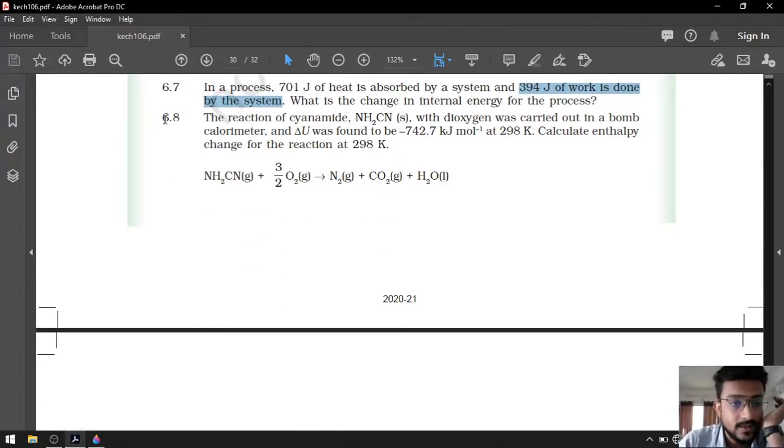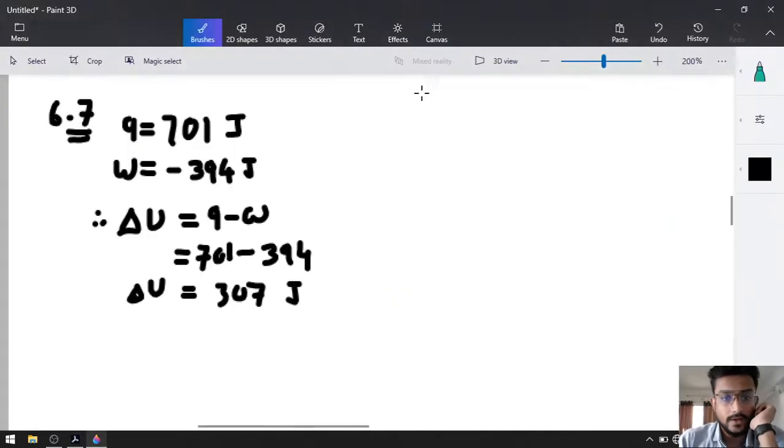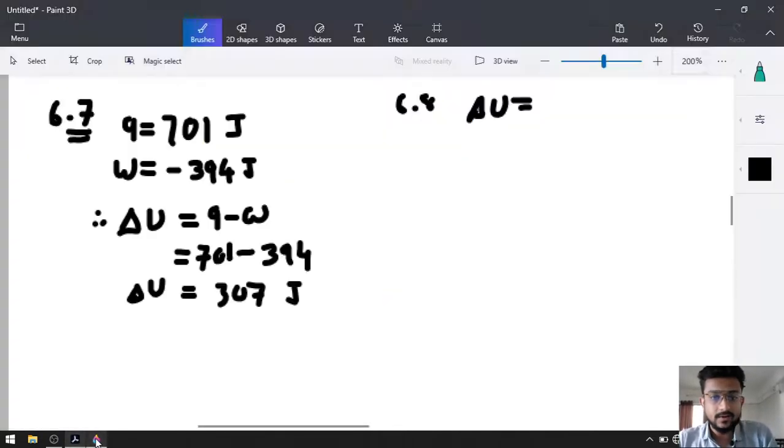After that, question number 6.8. A reaction of cyanamide NH2CN with dioxygen was carried out in a bomb calorimeter, and ΔU has been given. ΔU is equal to minus 742.7 kilojoule per mole.